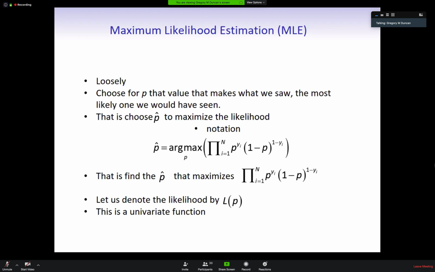And once we have that, we can start learning about the R package GLM, which is going to be one of our workhorse packages. The thing to notice about L(P), this probability function, is that it's univariate. It only depends upon P.